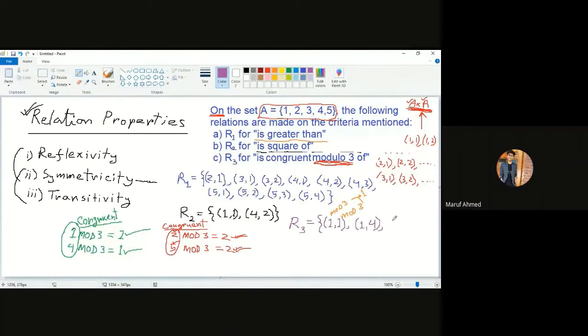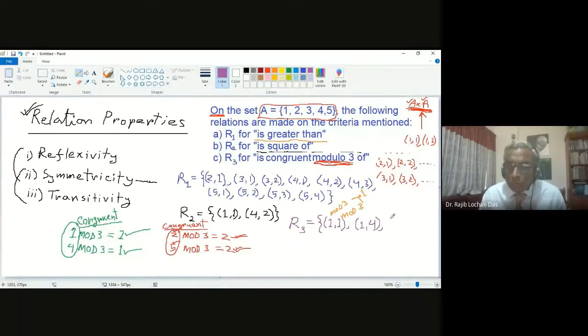Okay, sir. So we are not taking 1, 3. Why not? Because 1 mod 3 and 3 mod 3 do not give the same result. 1 mod 3 is 1 and 3 mod 3 is 0.